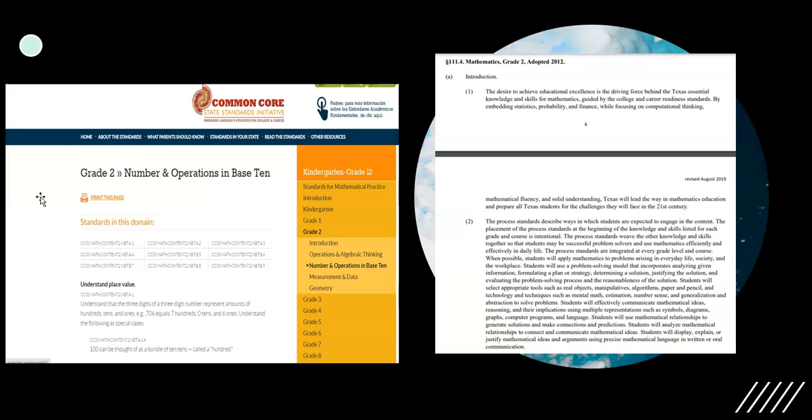And when you compare that to the mathematics in grade 2 in Texas, they break it down into different areas, like the process standards, which describe ways in which students are expected to engage in the content. So there are different expectations, but I don't find them that different.